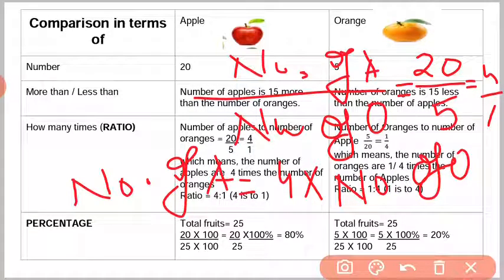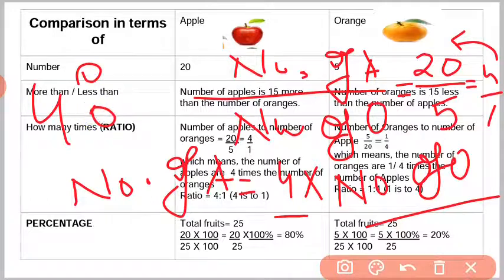So we can say number of apples are 4 times the number of oranges. Is it clear? So this is the comparison in terms of how many times. Here we are actually using ratio, and we can write this 4 by 1 as 4 is to 1, and it is read as 4 is to 1.